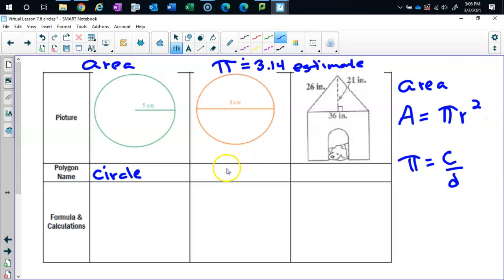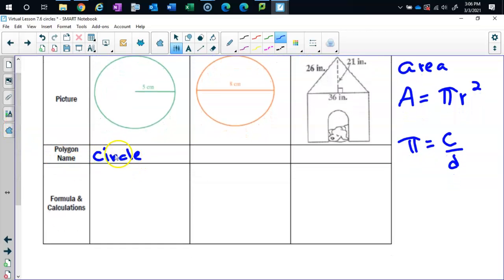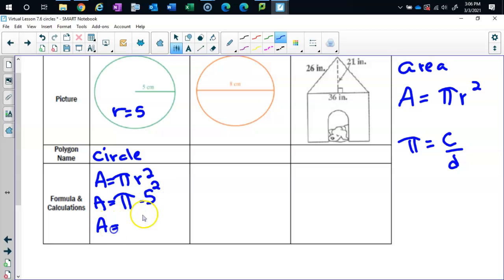Now, I'm going to teach you something very important right now. Okay. So, if I ask you to find the area of this circle, what did they give us right here? They gave us the radius. The radius is 5. So, our area is going to be pi r squared. Now, watch how I'm going to write this. I am going to show you two different ways. I'm going to leave pi as pi right now. So pi times the radius, 5 squared. 5 squared is 5 times 5, which is 25.